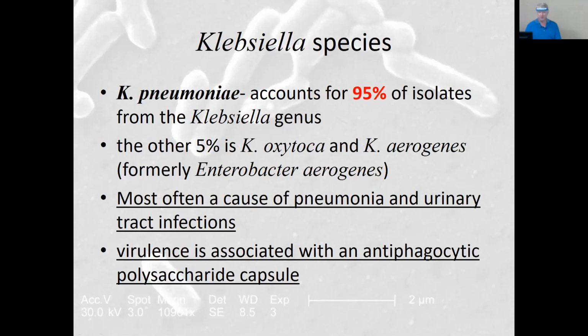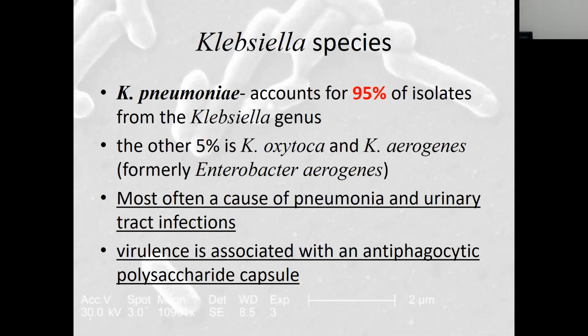I could have done oxytoca, I could have gone with aerogenes, but we went with Klebsiella pneumoniae because 95% of the isolates of Klebsiella that you find in the micro lab are going to be Klebsiella pneumoniae. Most often the cause of pneumonia and urinary tract infections.